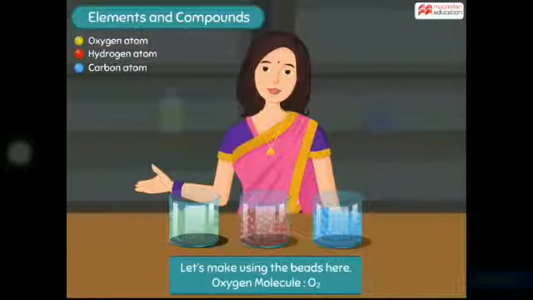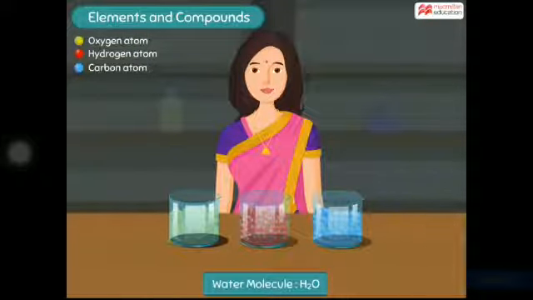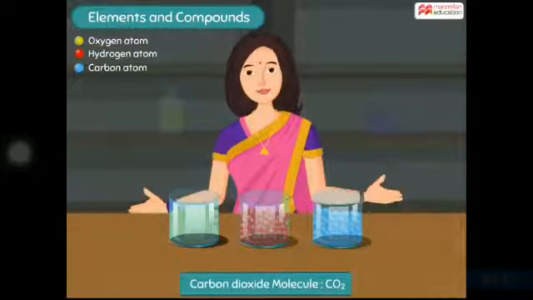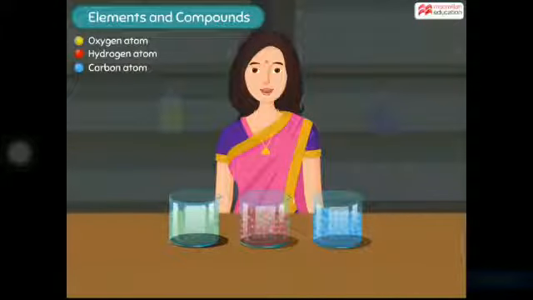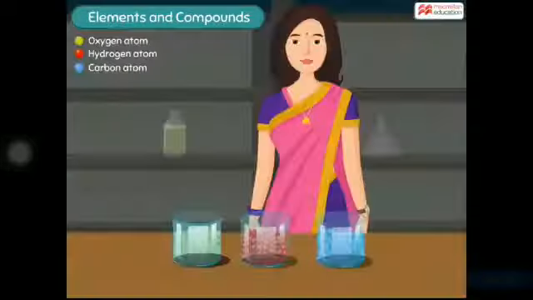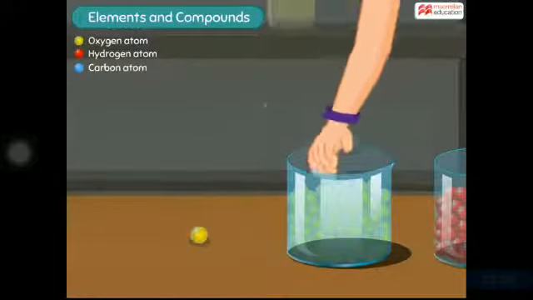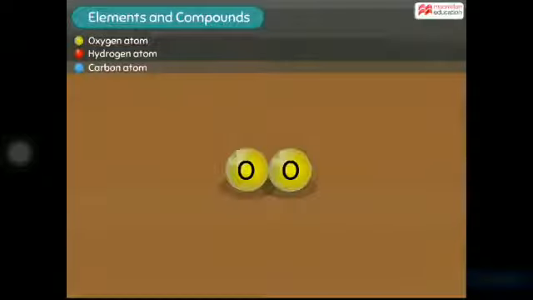Let us try to make an oxygen molecule, a water molecule, a carbon molecule, and a carbon dioxide molecule using these atoms. You know that one oxygen molecule is made up of two oxygen atoms. So here we go, one and two oxygen atoms put together, and we have an oxygen molecule.